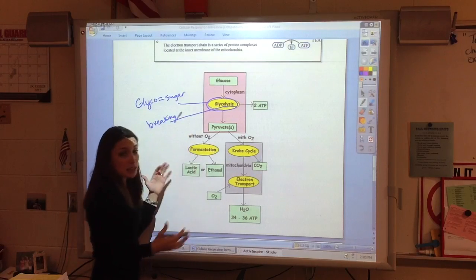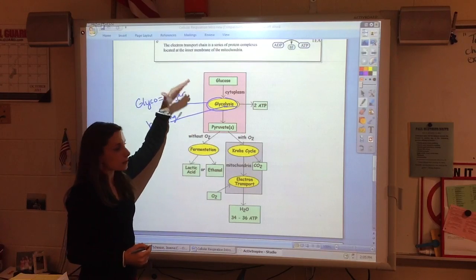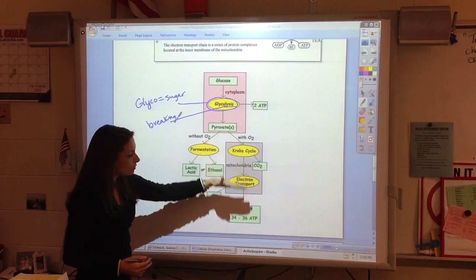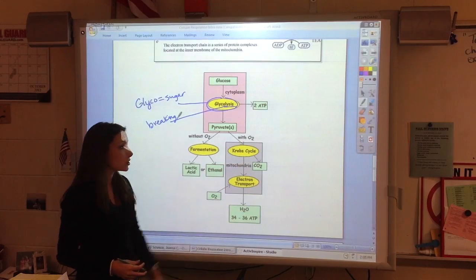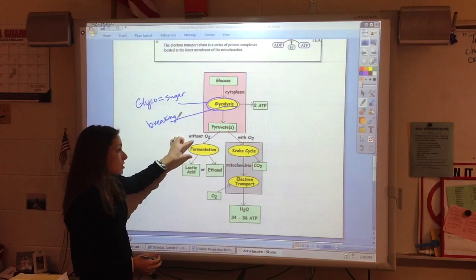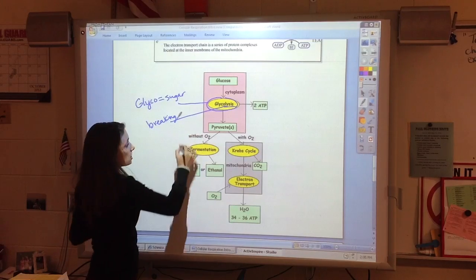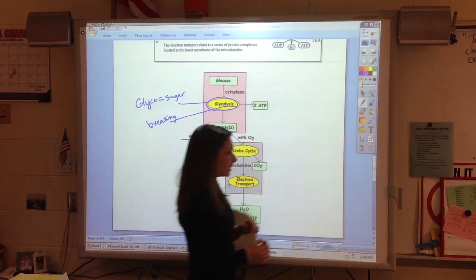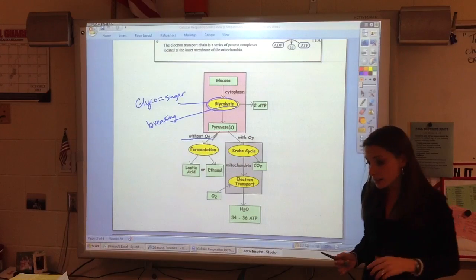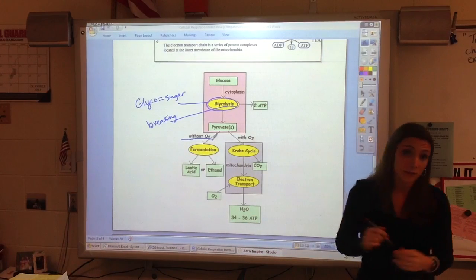So what we're going to see in respiration is that we very slowly break down sugar, and we end up with the energy being transferred to ATP. We will talk about fermentation, which is when we do respiration without oxygen. And so these are kind of the big ideas of cellular respiration.